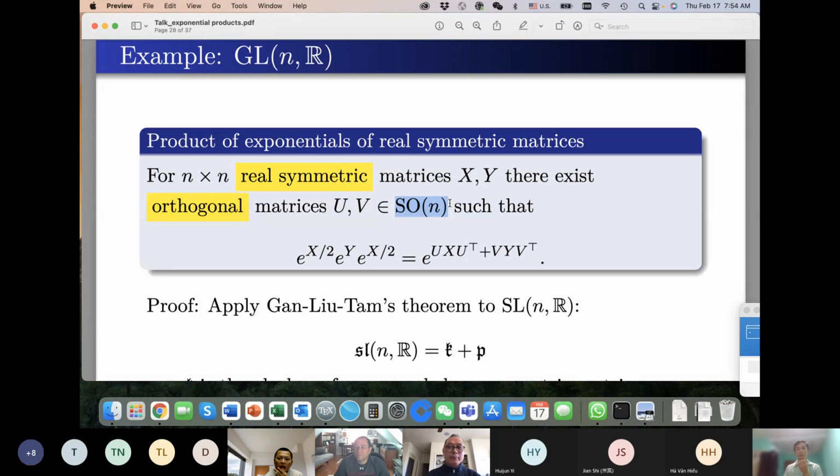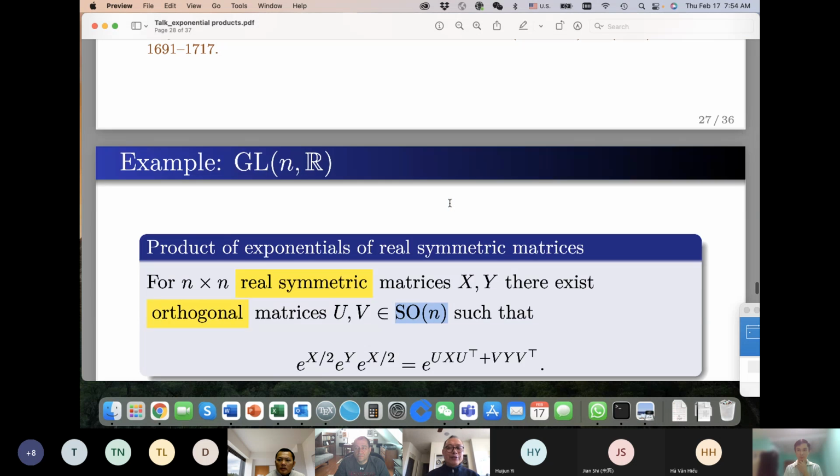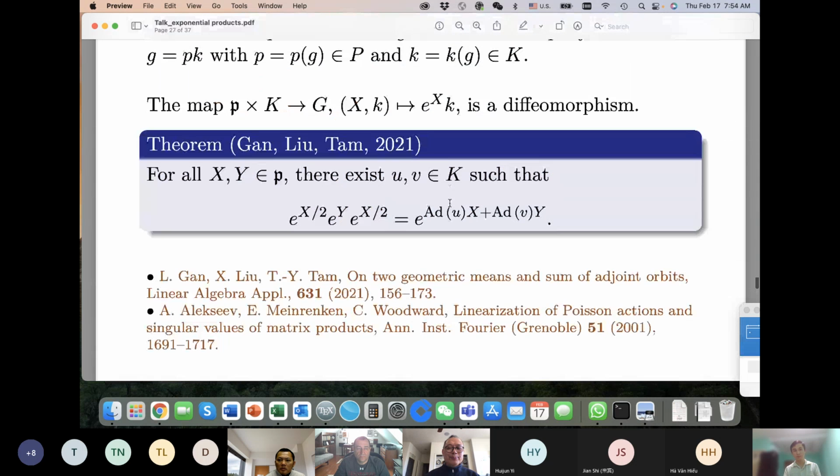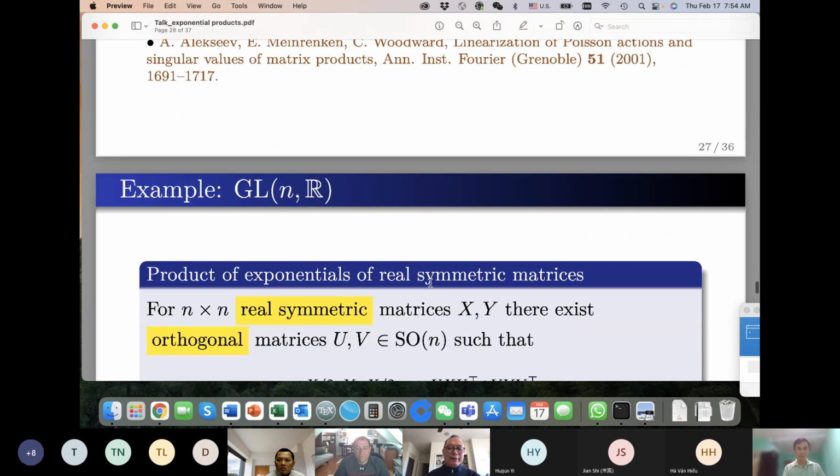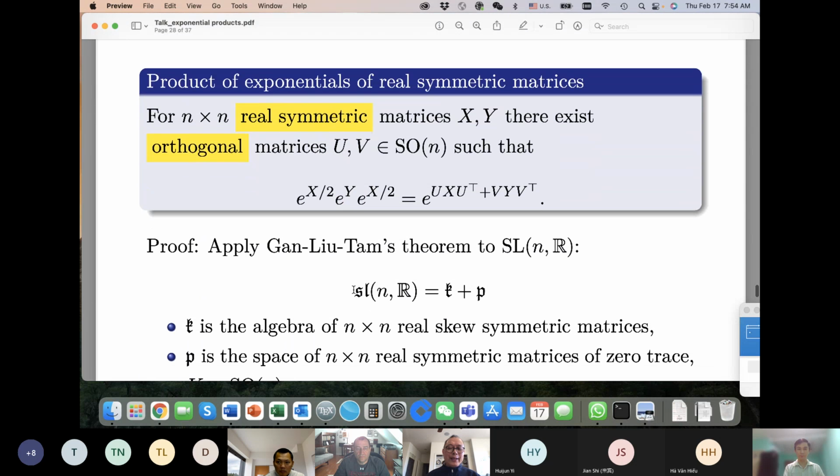What is the key point that makes the real case easier than the complex case? Because we have this theorem. So we have this theorem, and sl(n,R) is a simple Lie algebra, and then we can do it.